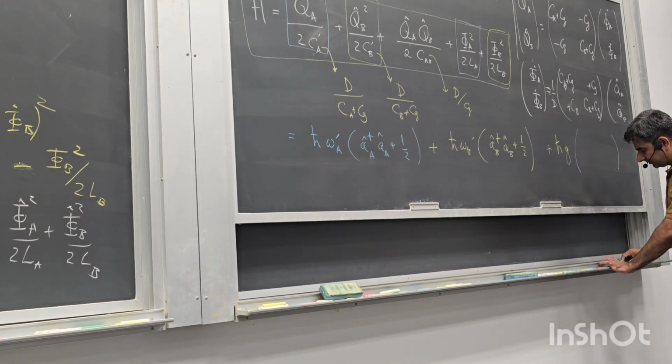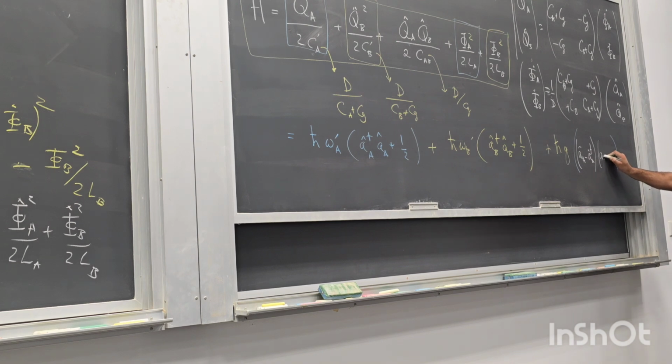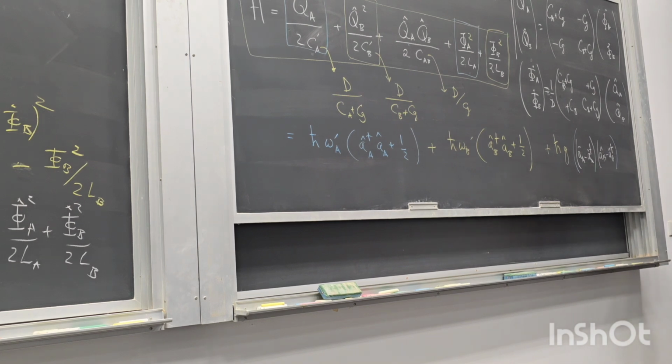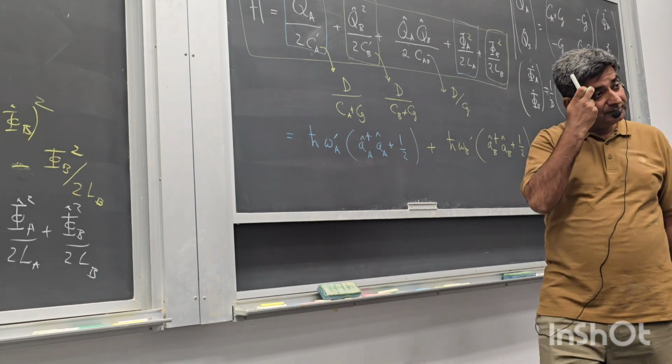And then I have a minus a dagger, b minus b dagger. Alright? Now, is a further simplification possible to this?